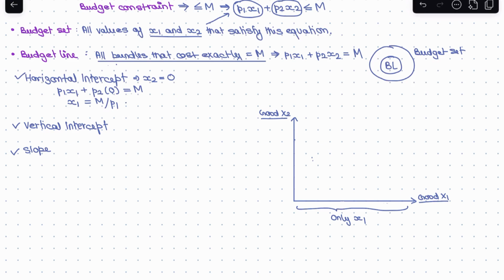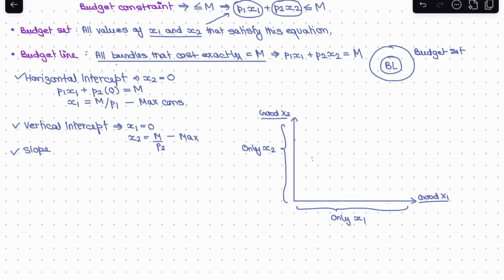Now, this is also the maximum of good X1 that the consumer can consume with the given income M. Similarly, to find the vertical intercept, we'll do a similar thing by assuming that X1 is equal to 0. That will give us X2 equal to M upon P2. And this is the maximum of good X2 that the consumer can consume.